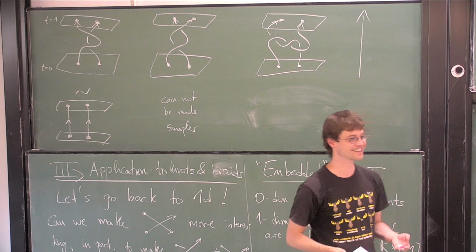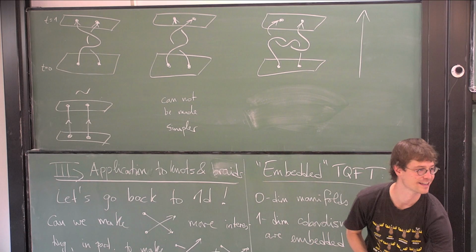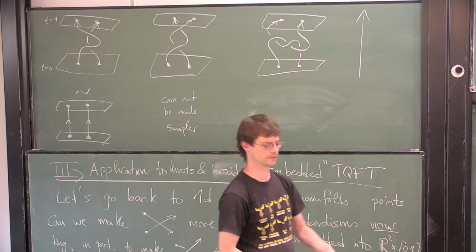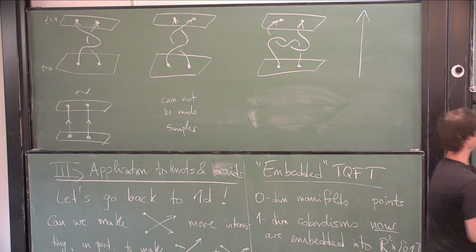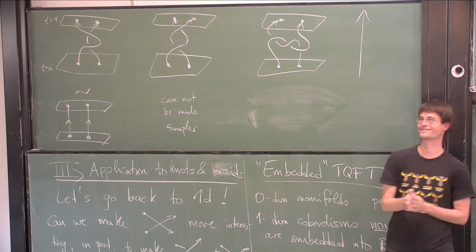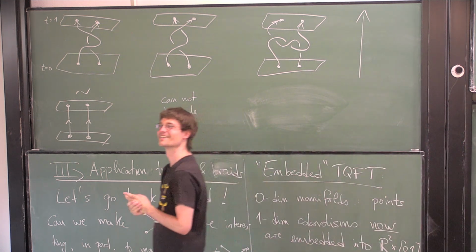What if you have something like this? How would you move it that would preserve the topology? Ah, you mean like these two? Yeah, exactly. Oh, and you mean that it might depend on how you do it? Yeah, because if you move them each to the other side, you don't really preserve this crossing, right?